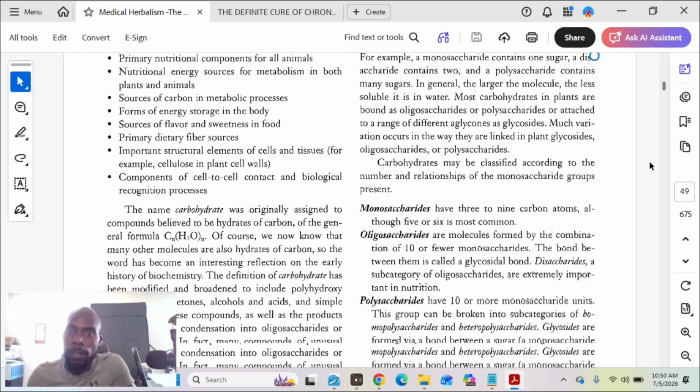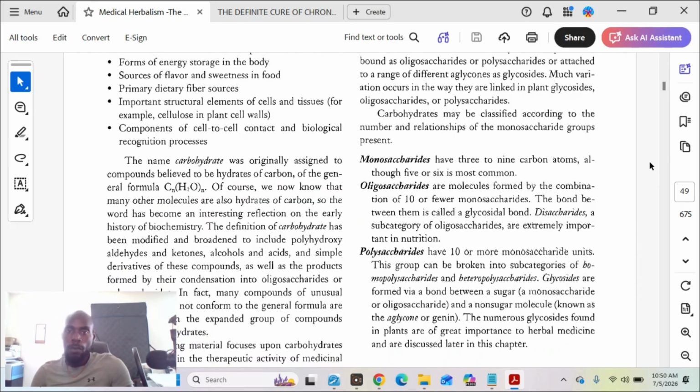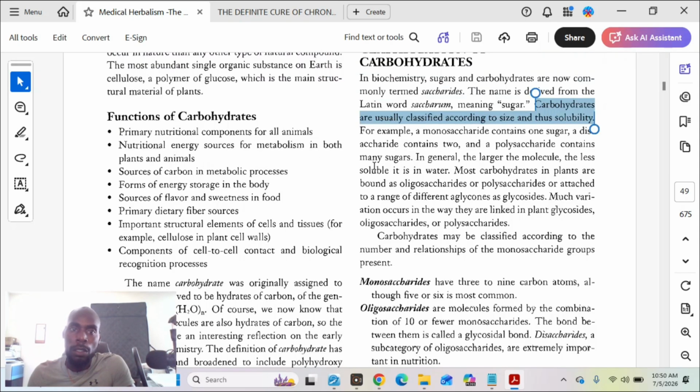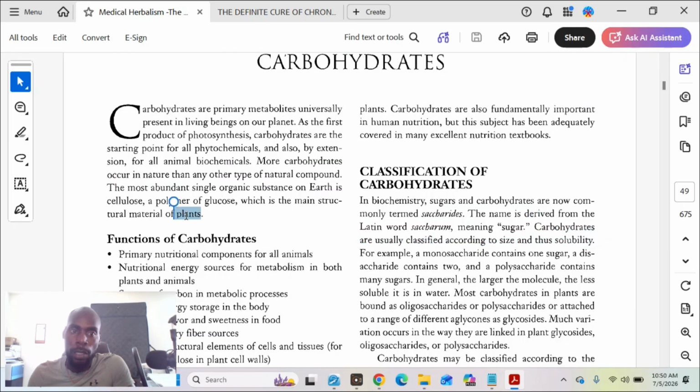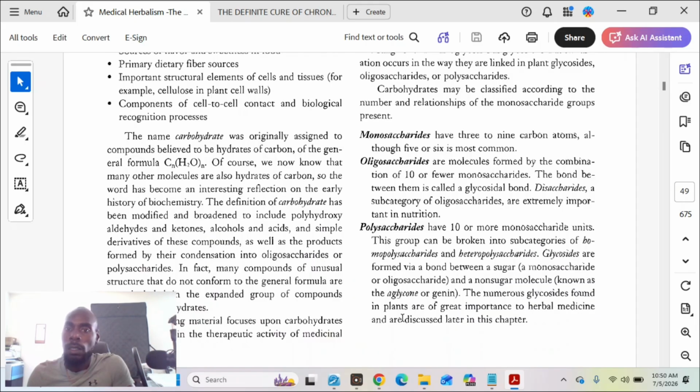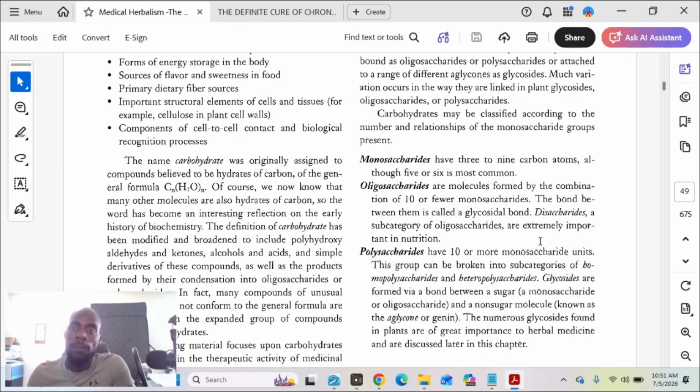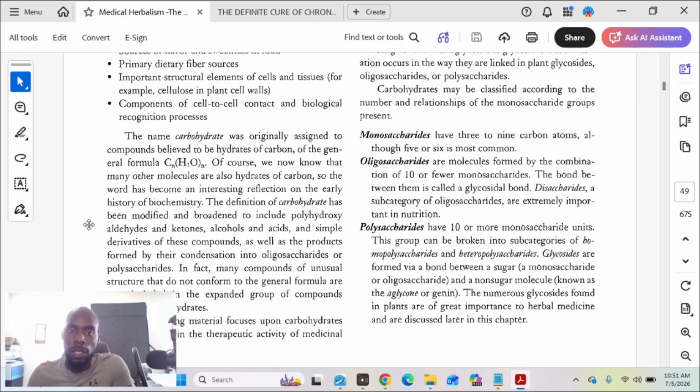So when we come down here and we look at different classifications of saccharides, the type of saccharides that we're supposed to be consuming is monosaccharides. This is what you get from your plants. These are going to be less complex and easily, readily available for absorption within the body versus all the others that you see here.